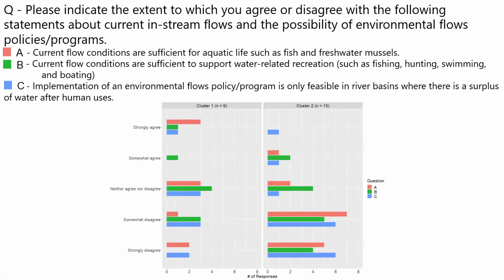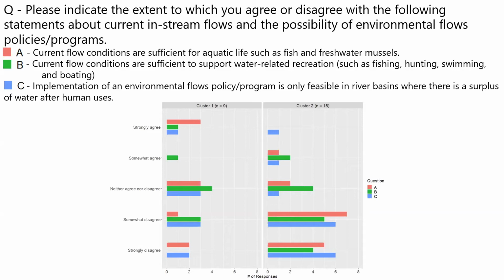The second question asked about current flow conditions throughout the Red River Basin, so without any environmental flows policies, are they sufficient for fish and freshwater mussels? Are they sufficient to support recreation?